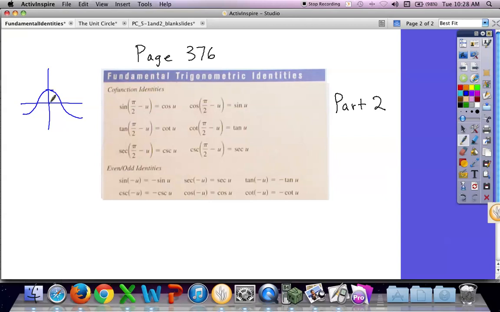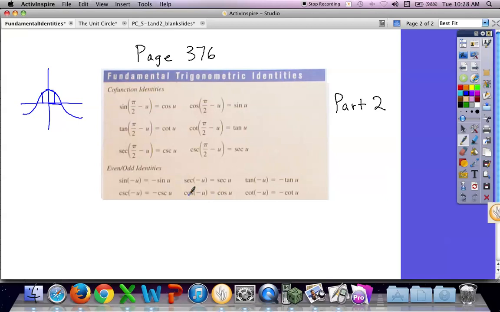So that means if I say f of x, I get the same thing as I say f of negative x. Doesn't matter if I go positive or negative, you're going to have the same y value. That's what it means to be even. So cosine is an even function. Cosine of negative u equals cosine of u. It doesn't matter if it's negative or positive, the value's the same. And because secant is 1 over the cosine, it's even.